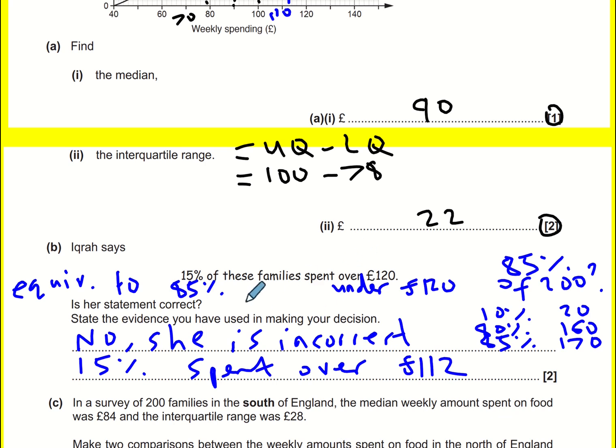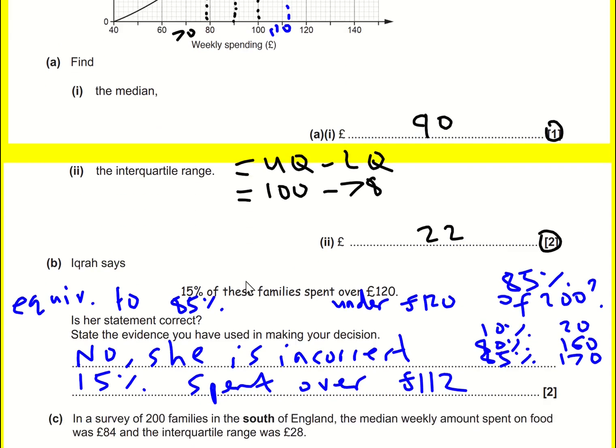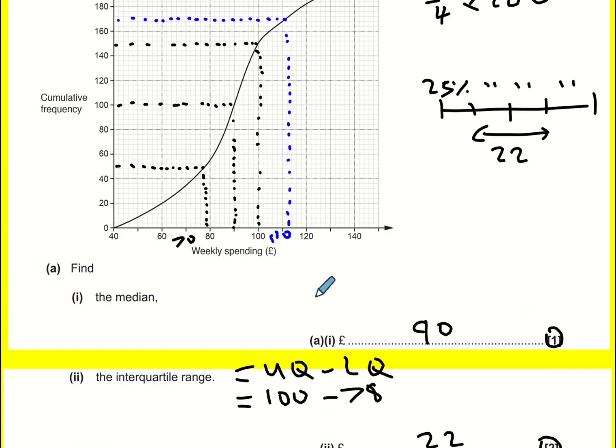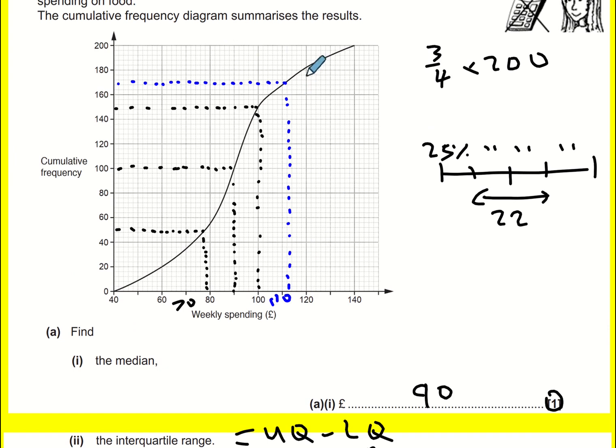You could have done this in a different way. You could have found the percentage that have spent over £120 by reading up from 120, getting the number of people, and working out the difference, because remember these numbers of people would be those that had spent 120 or below.